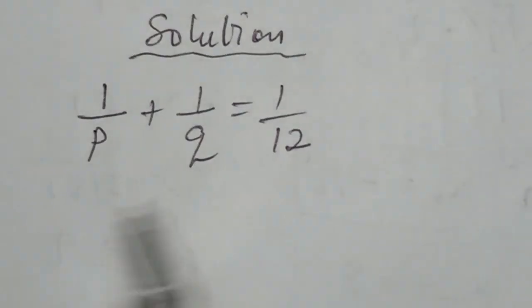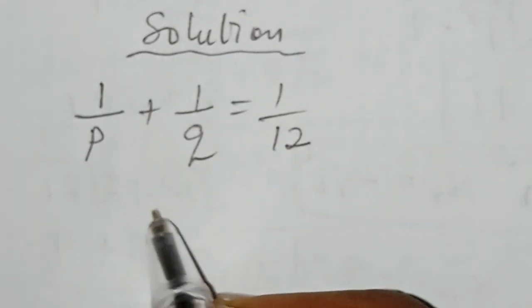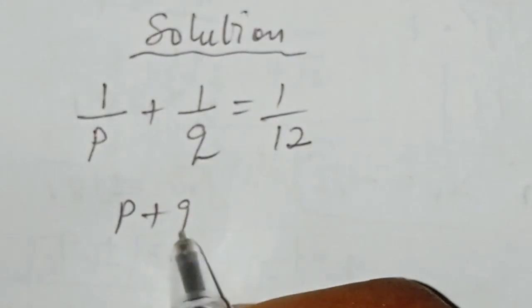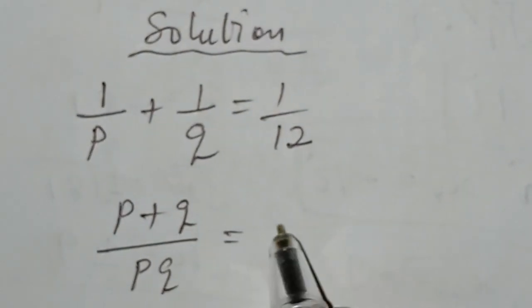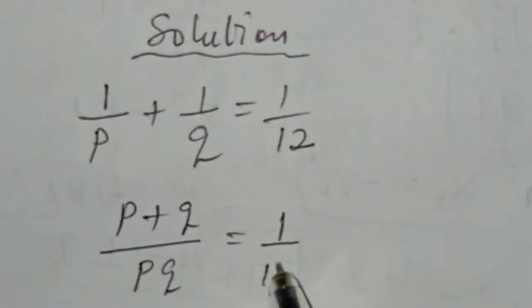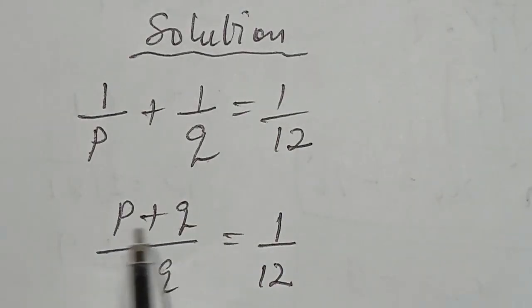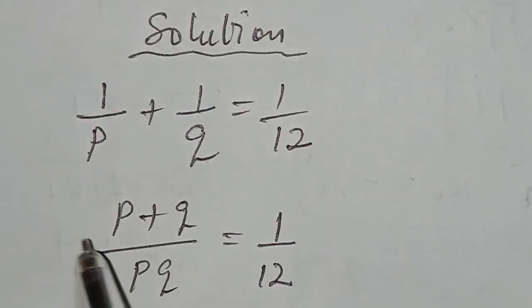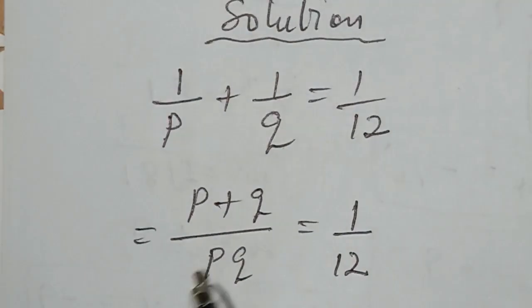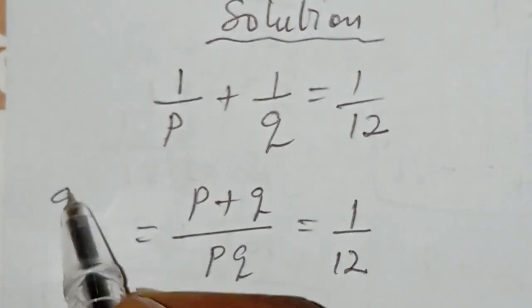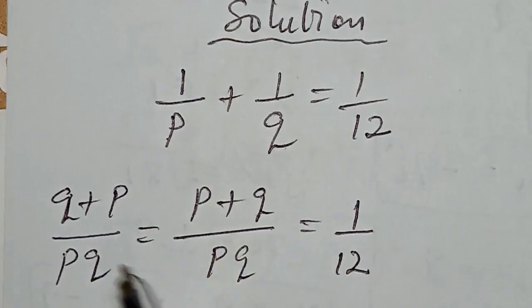First thing here, we simplify the left hand side. So we have P plus Q over PQ equal to 1 over 12. We can rewrite this as Q plus P over PQ.